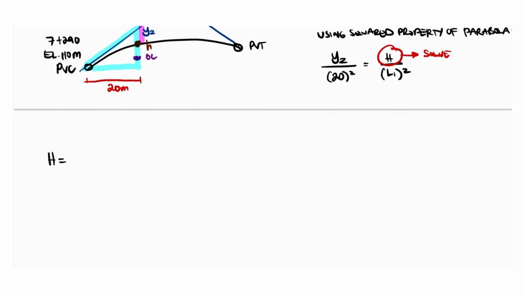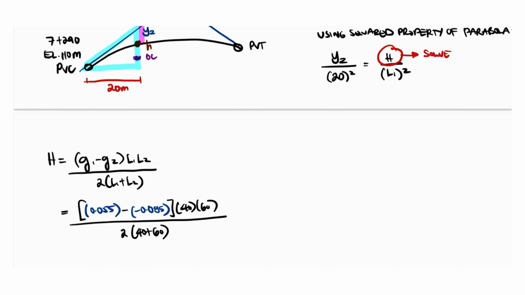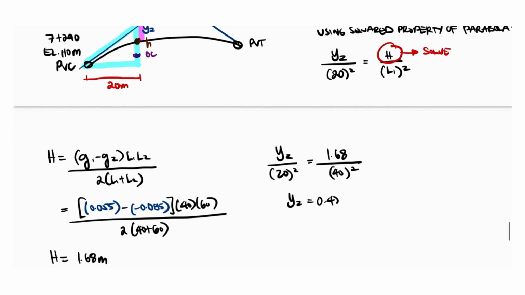For an unsymmetrical curve, the height of the curve is given by h is equal to (g1 minus g2), multiplied by L1 and L2, over 2 times the summation of L1 and L2. Substituting the given values, we obtain a curve height of 1.68 meters. Now, we can proceed to solve the equation based on the parabolic relationship. By substituting the known values, we obtain y2 is equal to 0.42 meters.